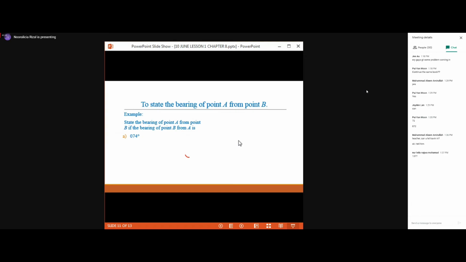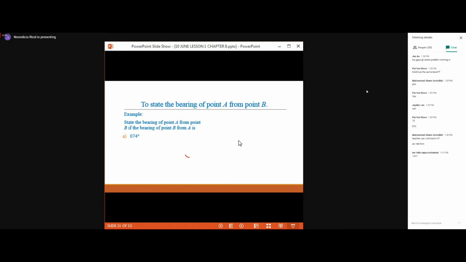Can you try that? I give you a minute. Then I want you to compare with the drawing that I've drawn. So 74 degrees is still in the first quadrant, so you don't go overboard, you draw until so far. I repeat, you do not need to use your protractor. Just a rough sketch, it's like sketching. But for the straight lines, you need to use your ruler. That one is important.